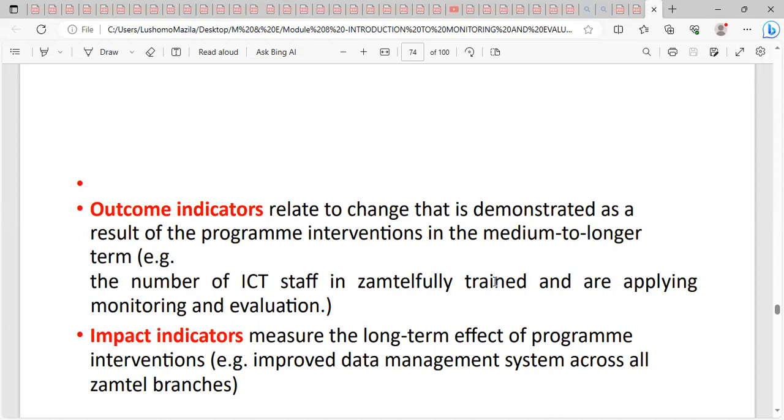So when we go in the future, we find that maybe one person applies, the other one doesn't apply the skill which they have learned. How will the outcome be? The outcome indicator. Let's put it in percentage form.